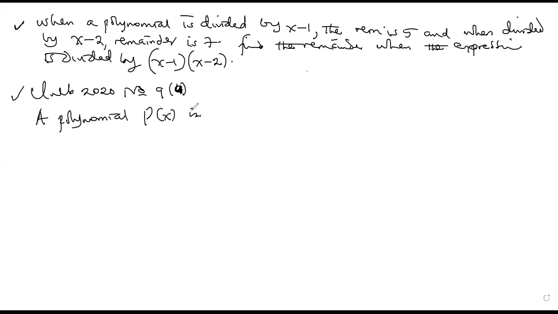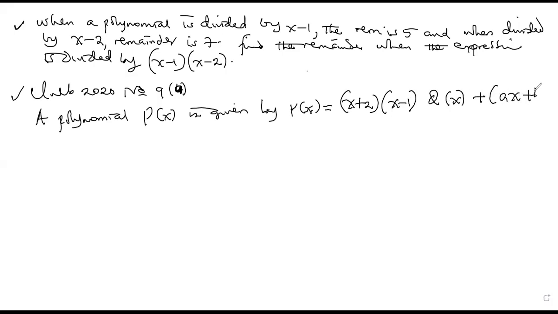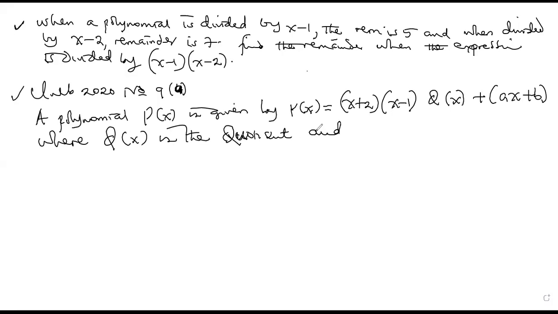Px is given by Px is equal to x plus 2, x minus 1, 2x, ax plus b, where 2x is the quotient and ax plus b is the remainder.